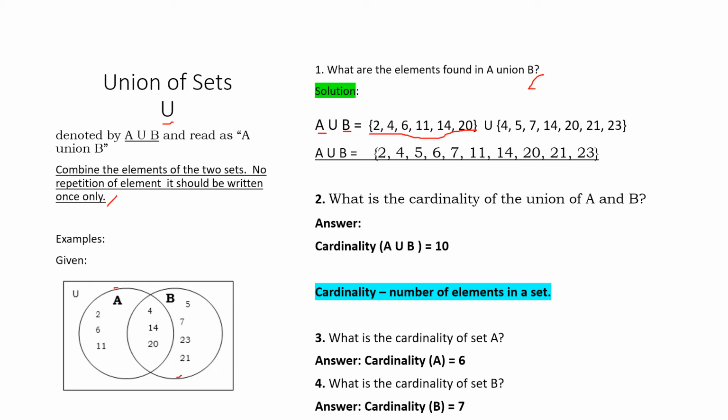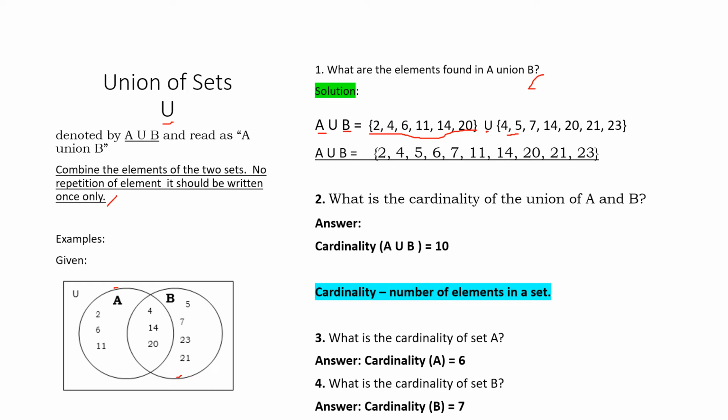Then, union, the symbol, B. I just copied all the elements of B inside the circle. After copying all the elements of A and B, you are just going to combine all the elements. In Filipino, pagsasamahin mo lang.